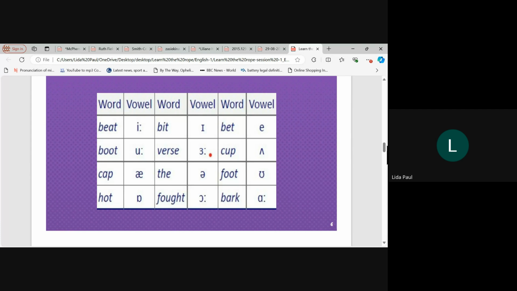So if you have a chart like this prepared with at least a word or two representative of each of the sounds, it would be easy for you to compare and contrast in the exam with the words that appear in the questions there.